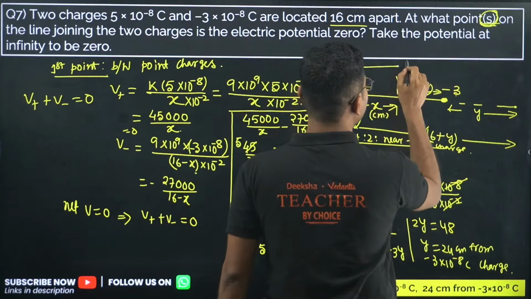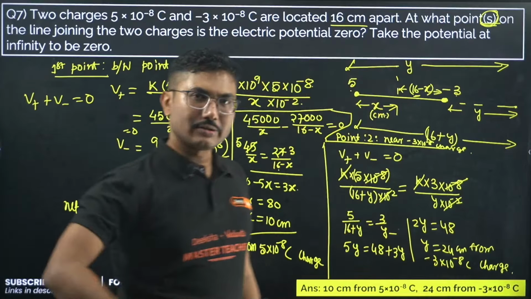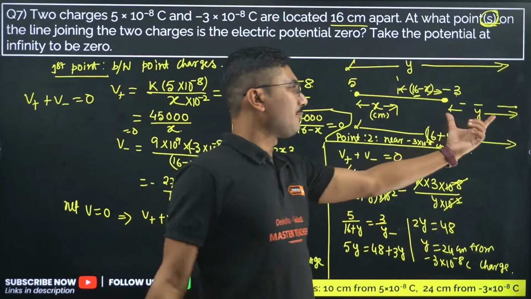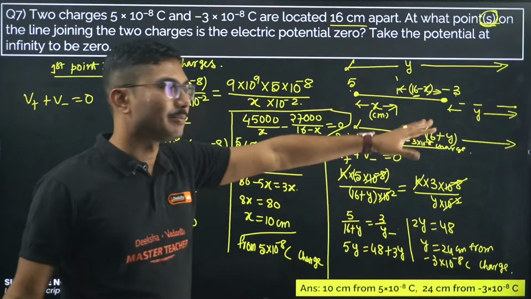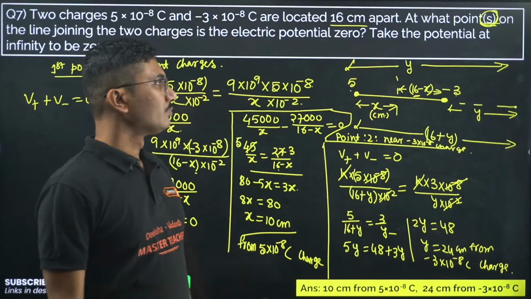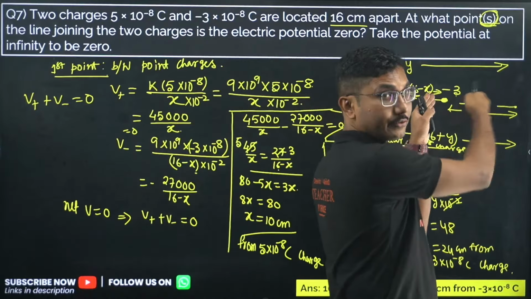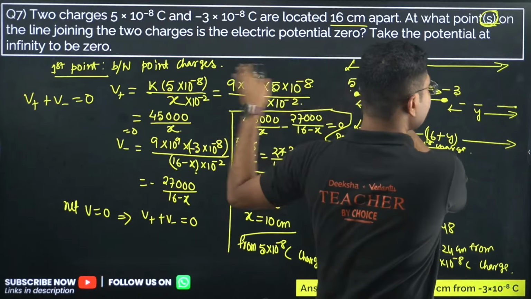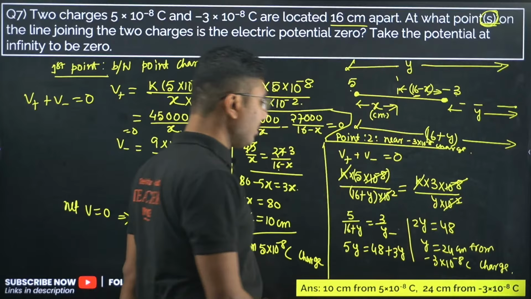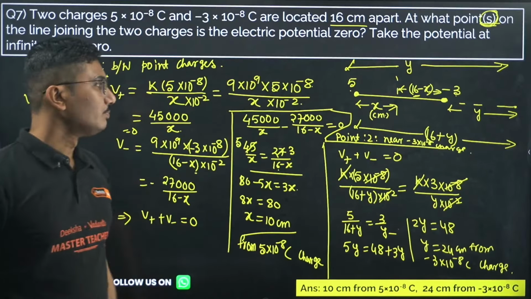Then it will be y, and this will be y minus 16, that is also fine. You can take from this point as well, but I took from this point because I feel that is simpler. Just to give you a perspective, it will always be closer to the smaller charge, not this side. This side it is not possible. If you are mentioning, it will be beyond -3, you have to mention on which side it is.